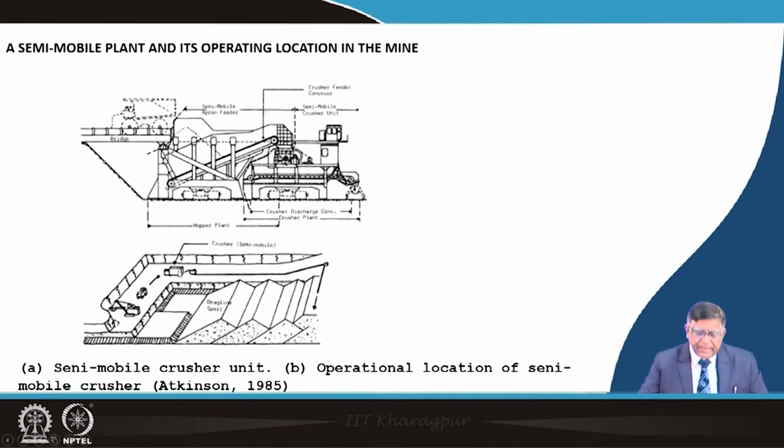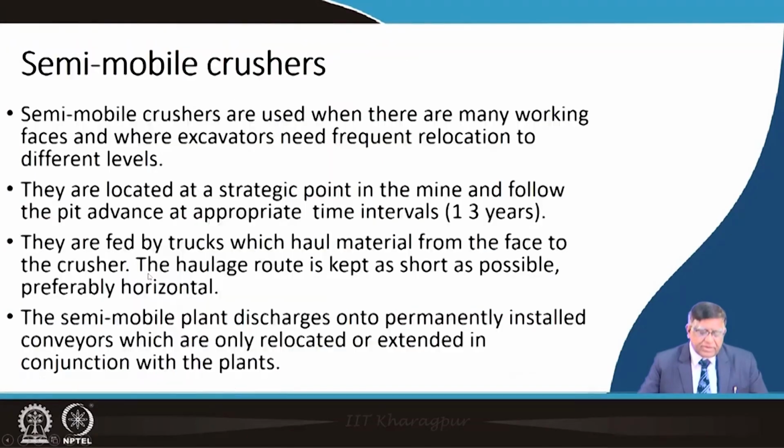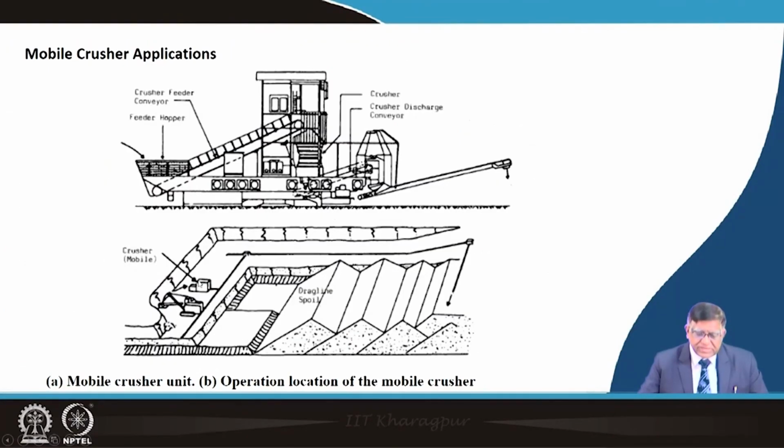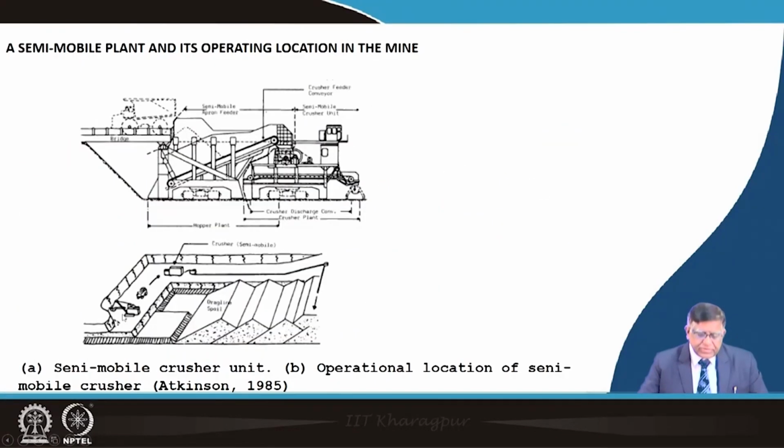And the crusher you can see over here, in the case of the earlier one, was a mobile in-pit crusher. In the previous diagram you saw it was the mobile one, because it has the crawler and was directly loaded by the shovel bucket. Here the shovel is loading onto the truck and the truck is going and unloading over here.